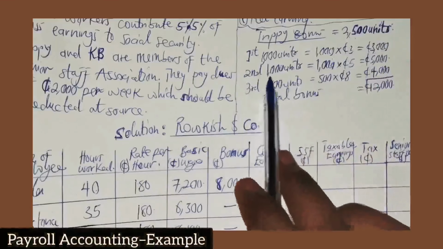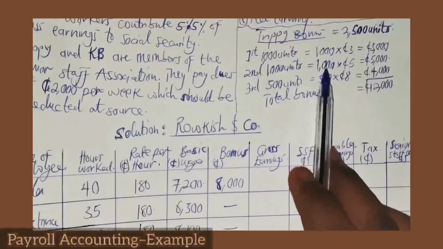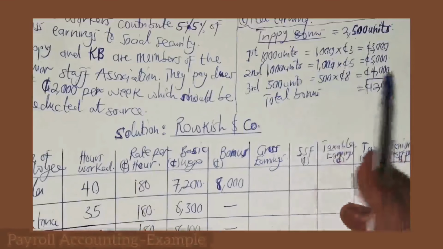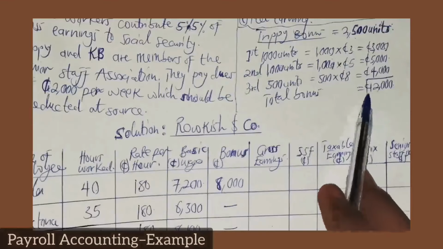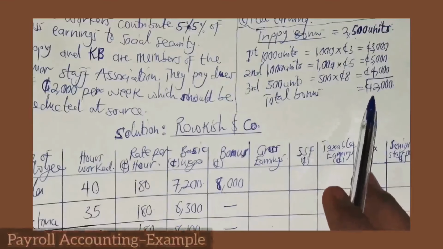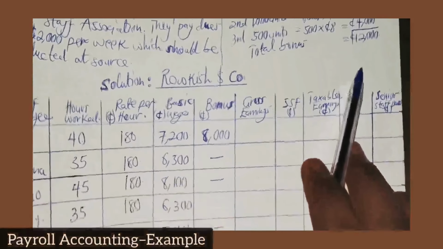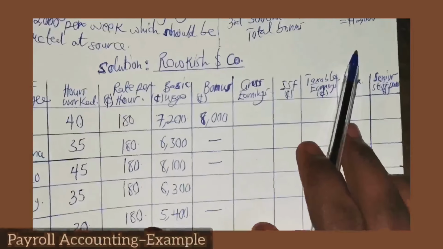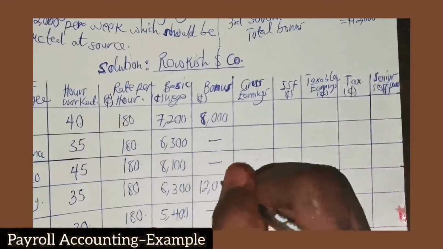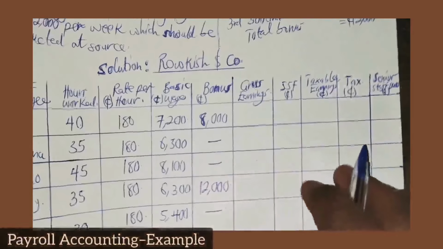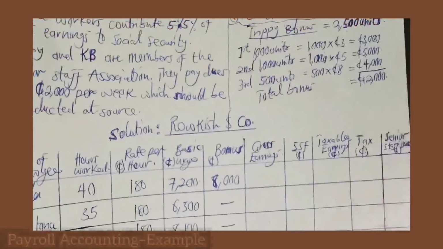So whatever is left, you just multiply by the third progressive rate, then you add the 3 together, and you get the total. So I had a total of 12,000 Ghana cedis. That's what is going to be credited to Trippy as his bonus. So I'm going to write 12,000 here for Trippy. I hope you had the same thing, right? All right, that's great.